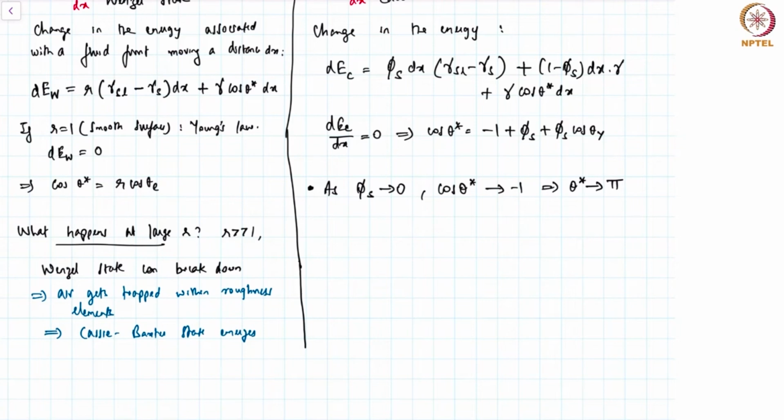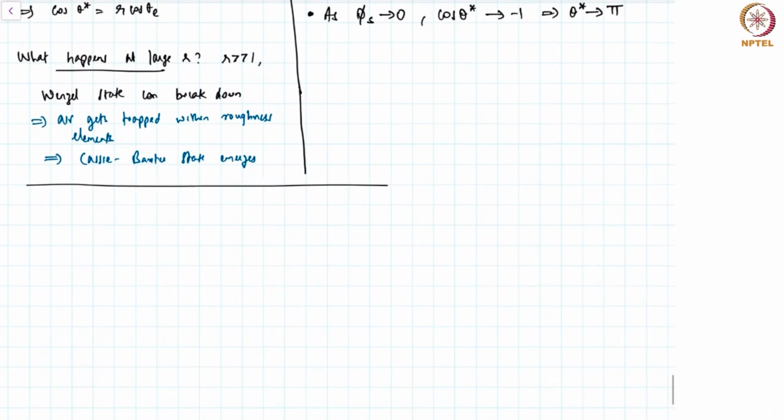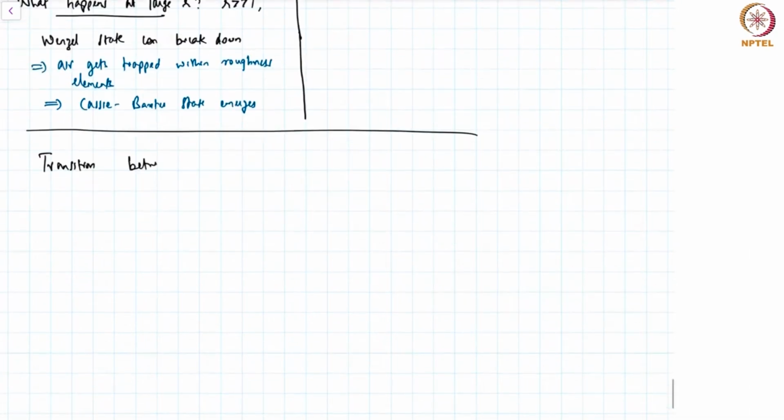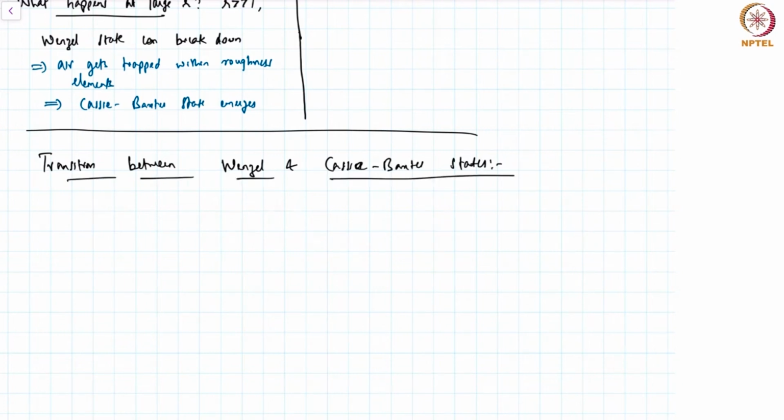Now, let's look at the crossover between these states. Transition between Wenzel and Cassie. Let's look at the transition between these states. There are a couple of possibilities.